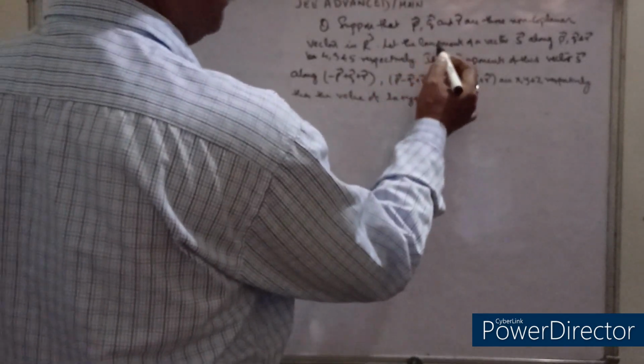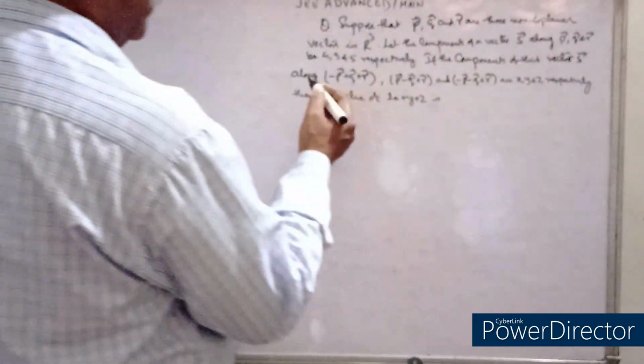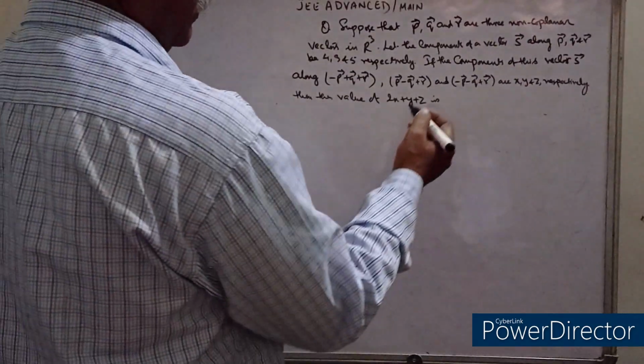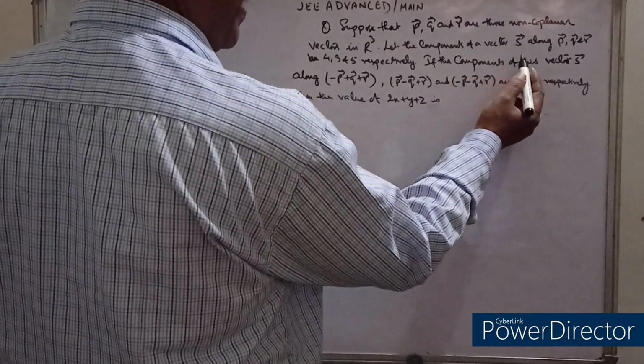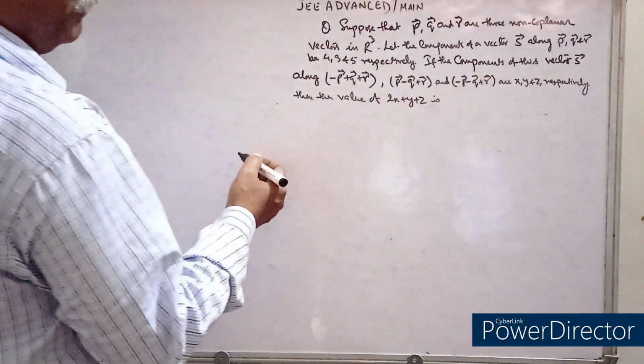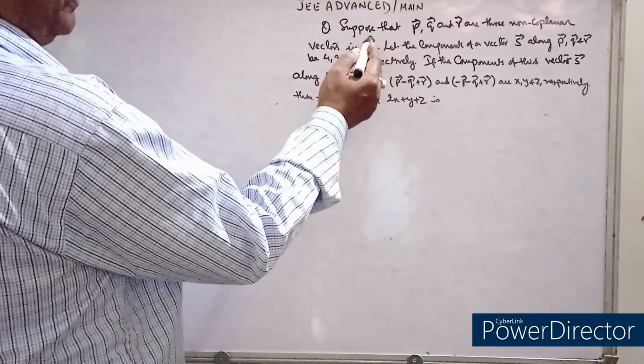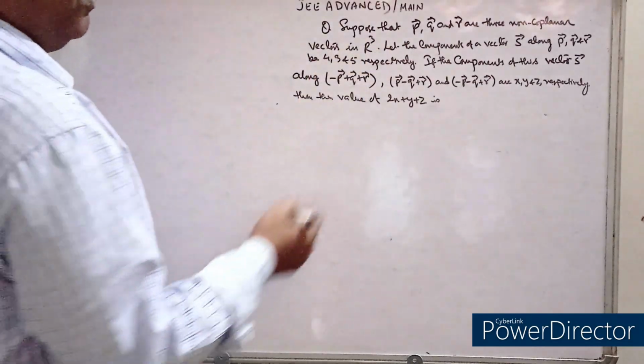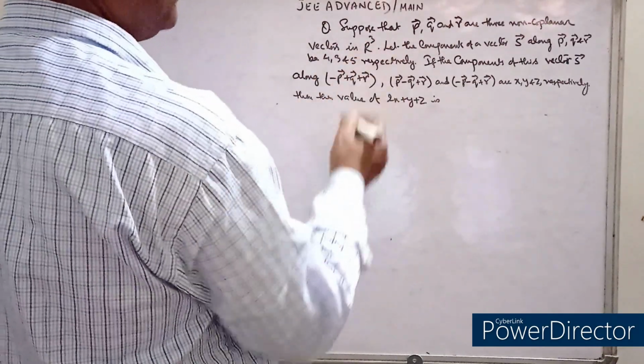Here you see, suppose that P, Q, R are three non-coplanar vectors in R cube. Let the components of a vector S along P, Q, R be 4, 3, 5. R cube means real, that is x, y, z axis.